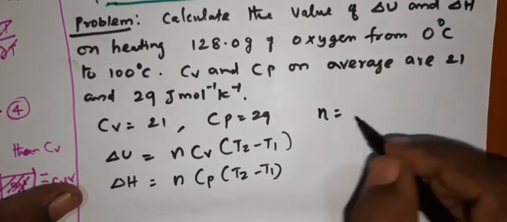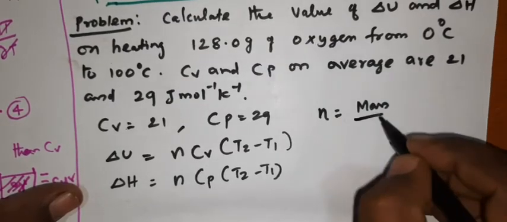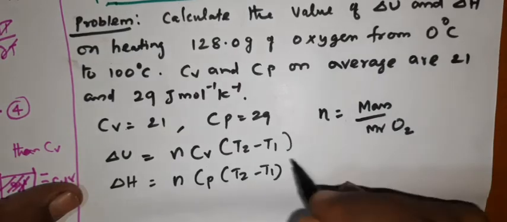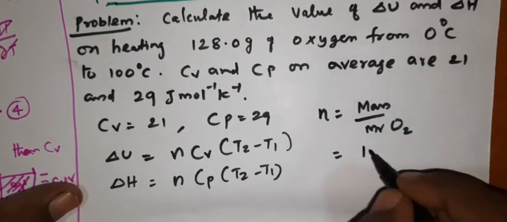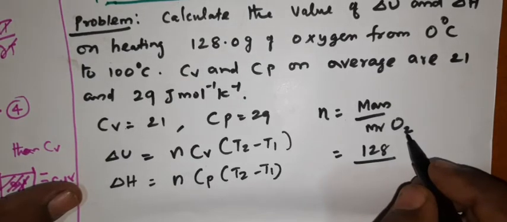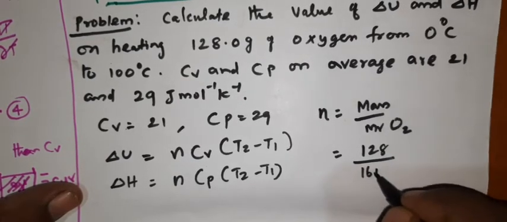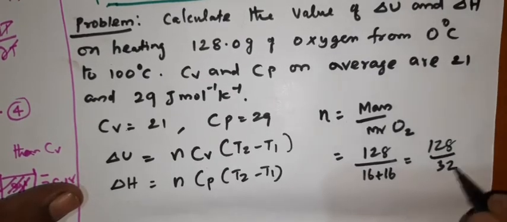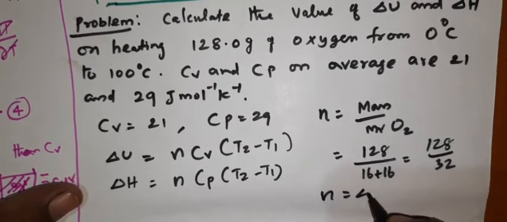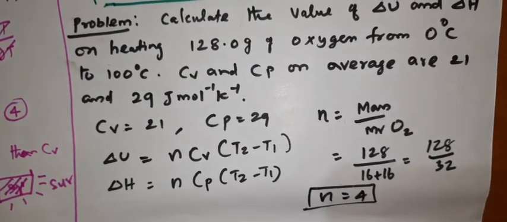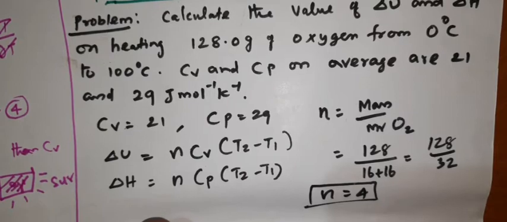The mass is given, so mass divided by molar mass of oxygen. Mass is 128 gram. Molar mass of oxygen, there are two oxygen atoms, one oxygen 16, so 16 plus 16 equals 32. 128 by 32, so we get the n value, that is 4. The number of moles is 4. Now we will substitute all the values here, then we will get the answer.